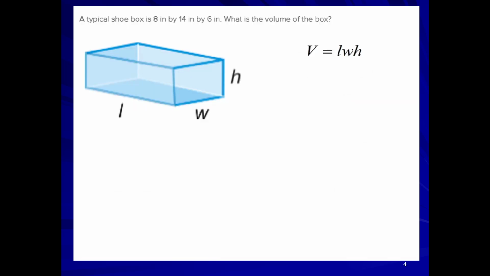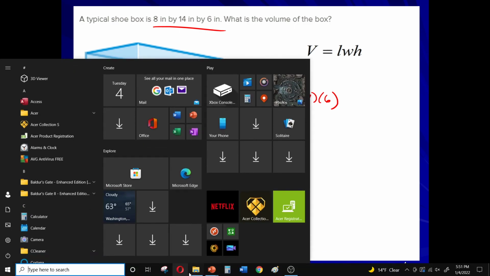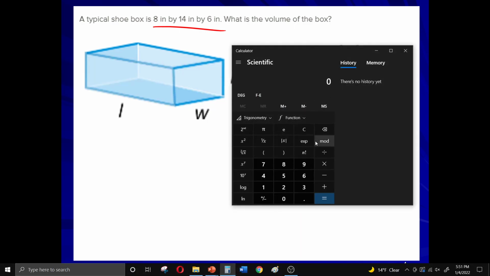All right, so the easiest example, of course, is just a box. Length times width times height. You probably did this in middle school at some point. If you were trying to calculate the volume of this thing, you would simply use the dimensions that are given. 8 by 14 by 6. Let me get my calculator open.